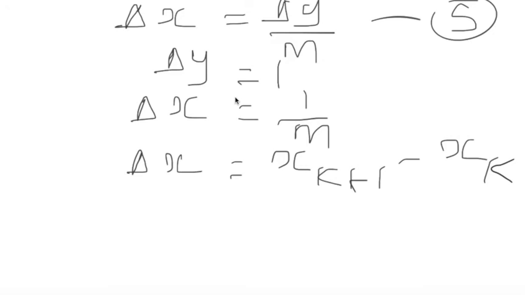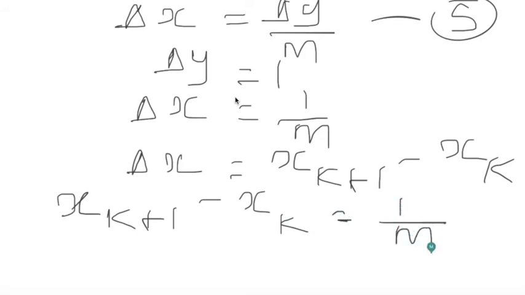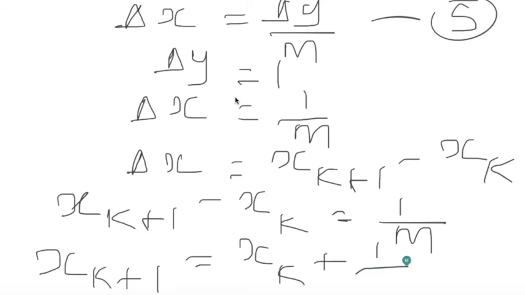From both these equations, xk plus 1 minus xk is equal to 1 by m, so xk plus 1 is equal to xk plus 1 by m. That is equation 7.